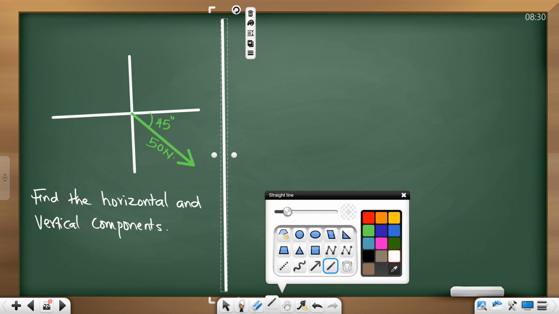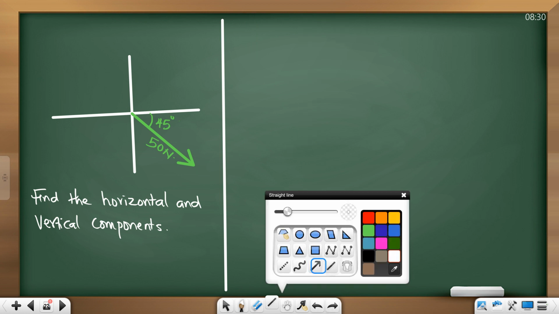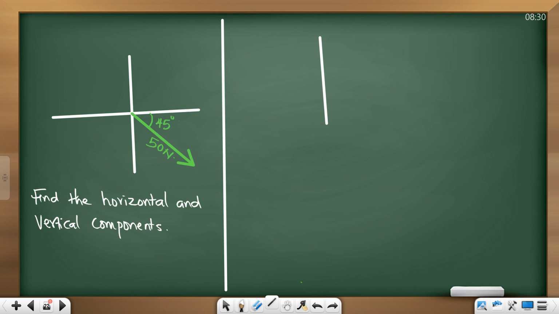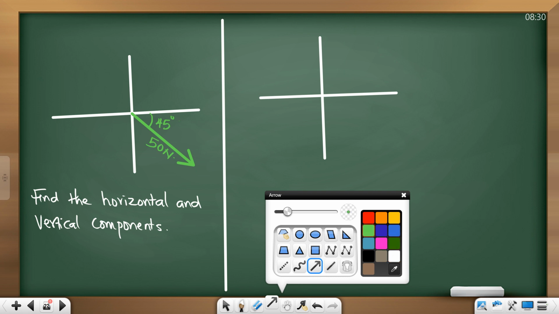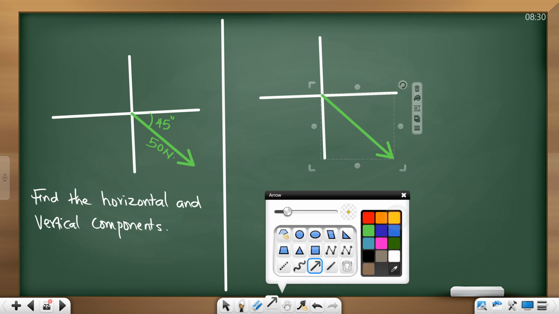So if I were to draw this force and complete a triangle, what would I have? Quickly, what would my triangle look like?